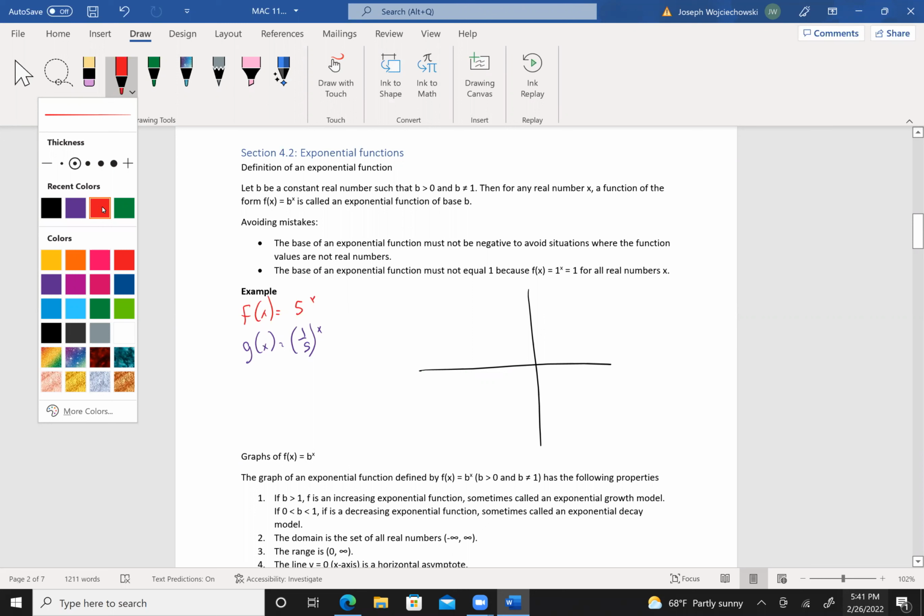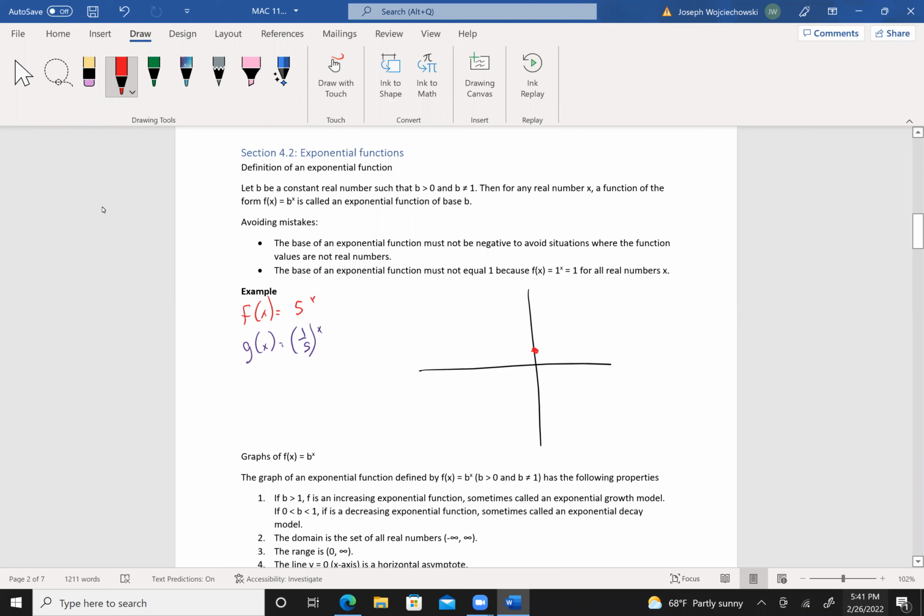If x is 0, f of x is 1. If x is -1, we get 1/5. I don't think we're going to go beyond that. If x is 1, we're going to get 5. And if x is 2, we're going to get 25. So this is going to shoot up pretty fast.